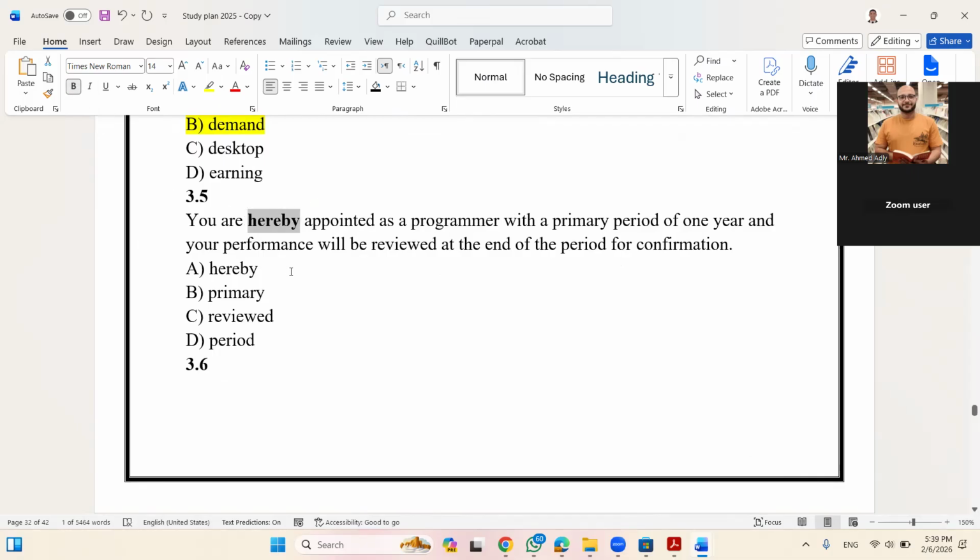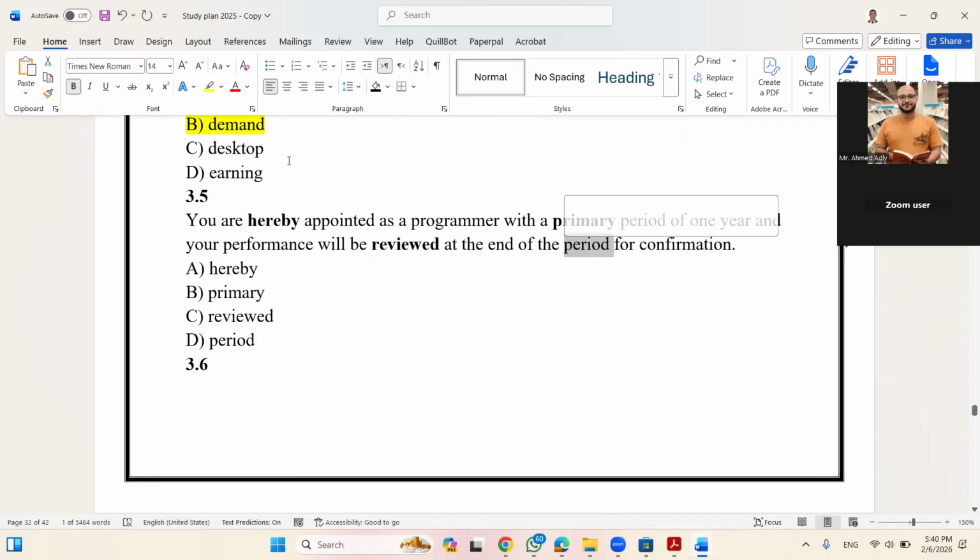If you would like to spot what the sentence is about, ask a question like who, what, when, where, why. So, who is the sentence talking about? It talks about you. You're given a job as a programmer with a primary period of 1 year, and your performance will be reviewed at the end of this year. Good. If you're doing very well, at the end of the period for confirmation.